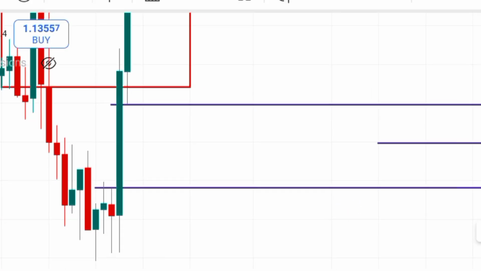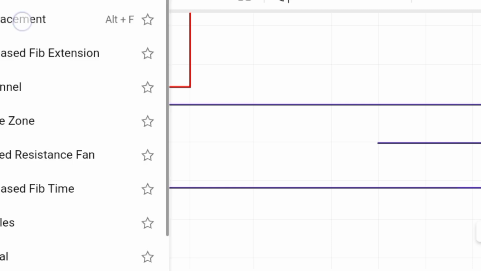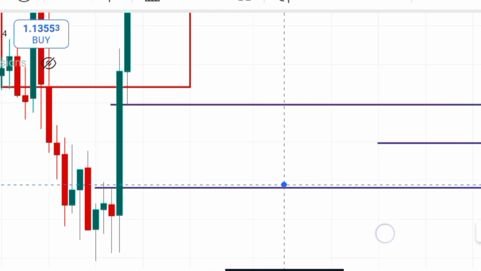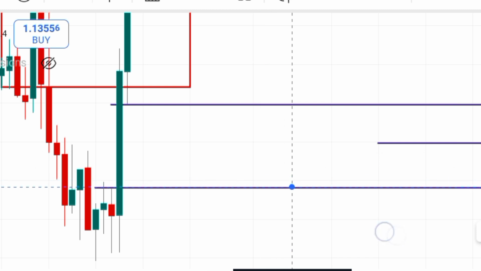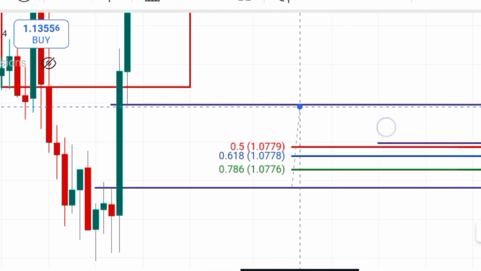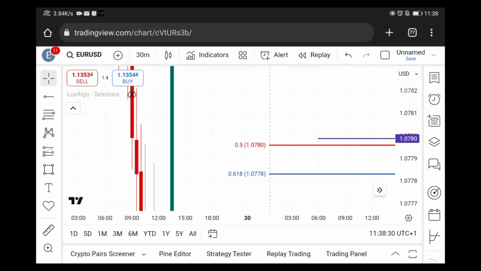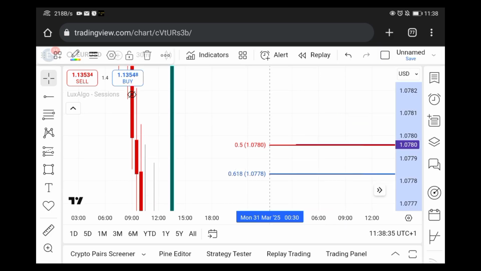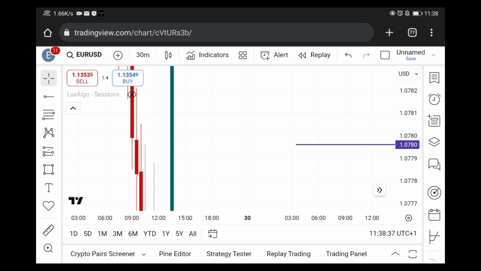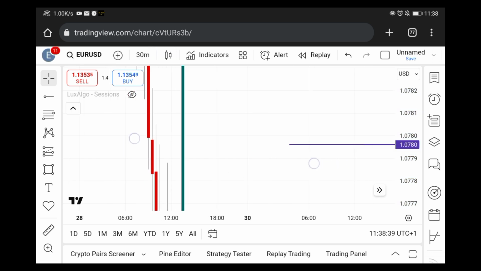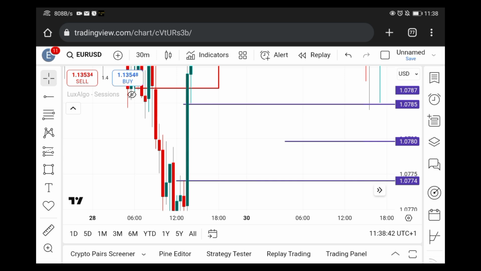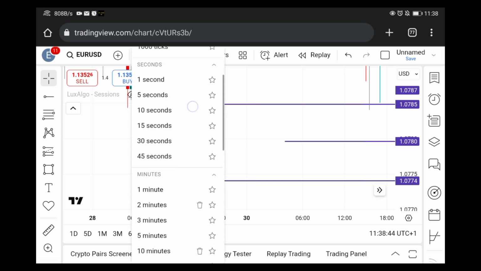So if you still want to mark it, you can as well still use your fib and still fib it from where the candle stops till this point here, and your 50% still happens to be very close to the other line you mark. So you bring that line back to this place now, then that becomes your 50%. So I'm deleting my Fibonacci. So you can still move down to your M15 for you to do the same thing.